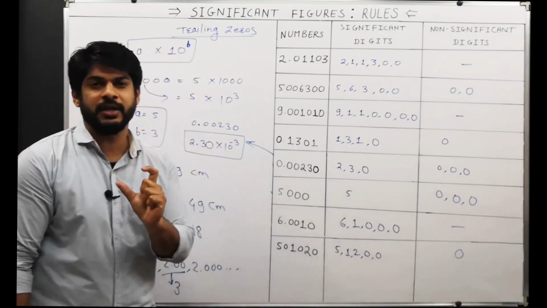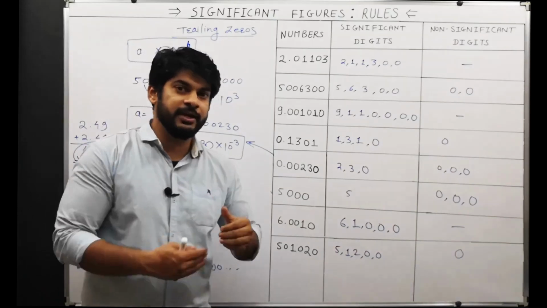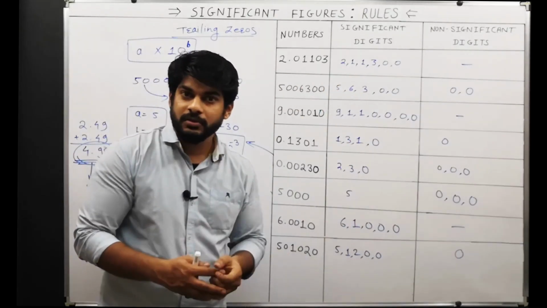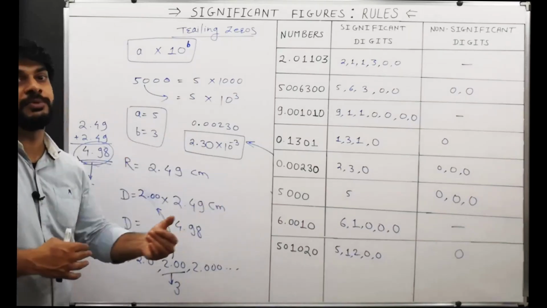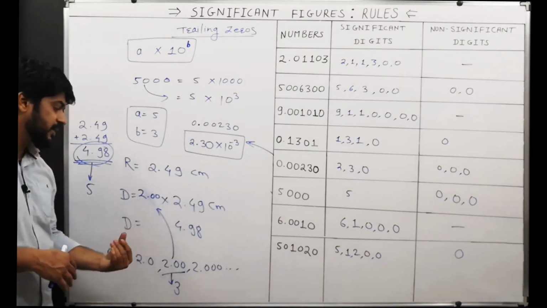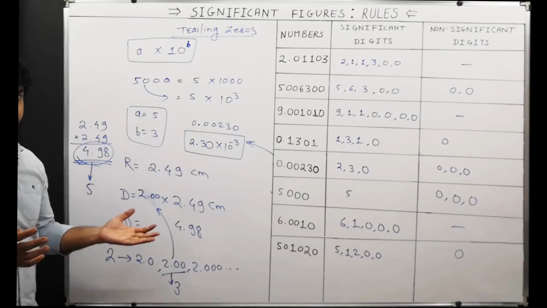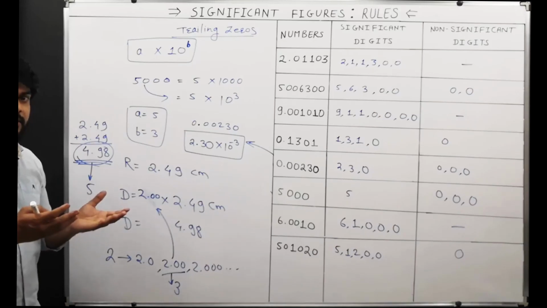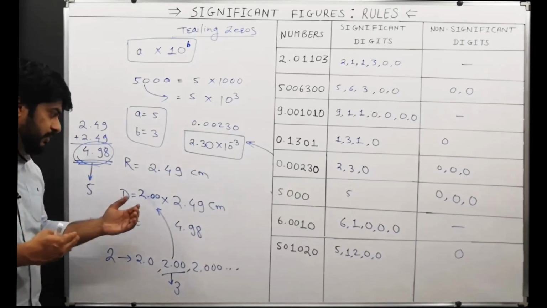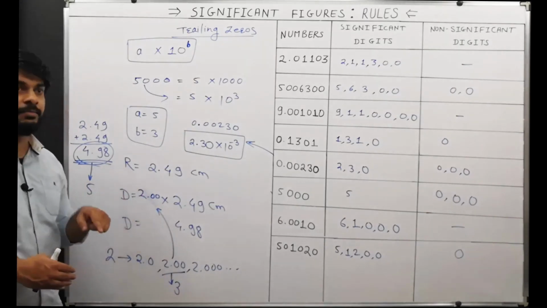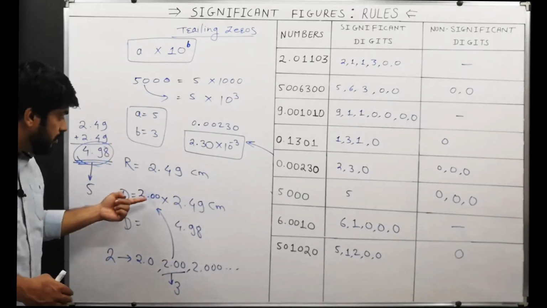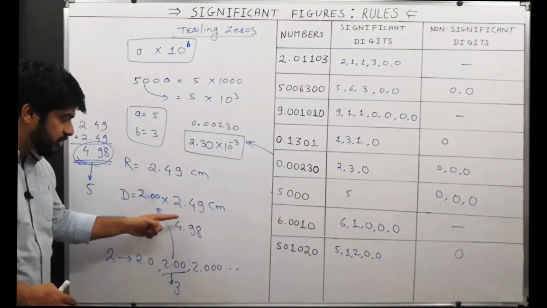See, infinite, sometimes people think that infinite means very large number. But over here we don't mean a very large number. We mean here that it's not finite, it's not fixed. The number of significant figures in exact numbers like 2 change according to the situation.